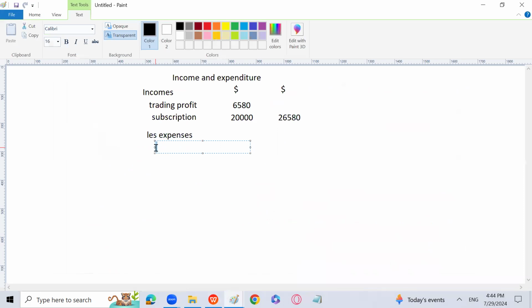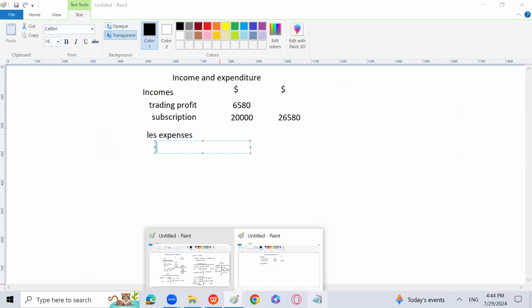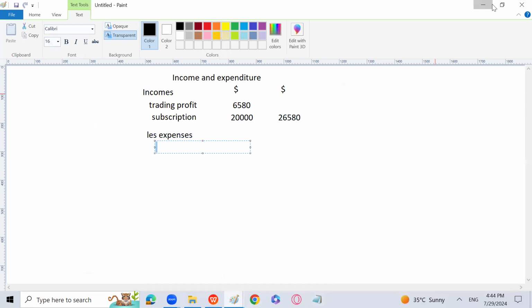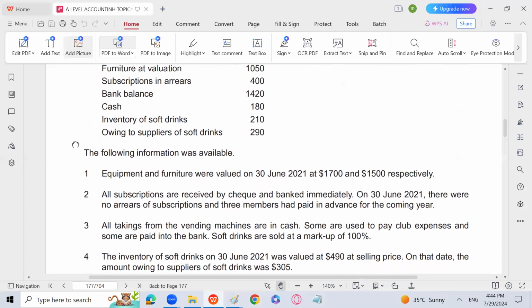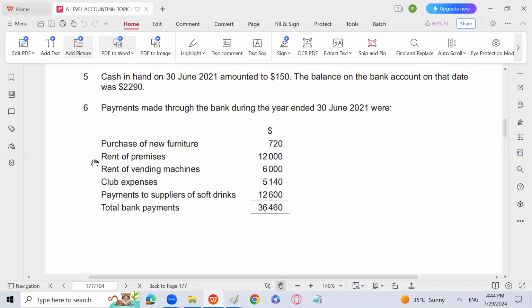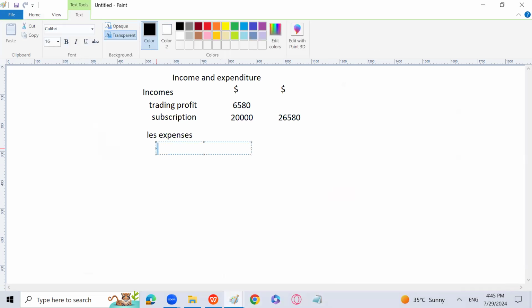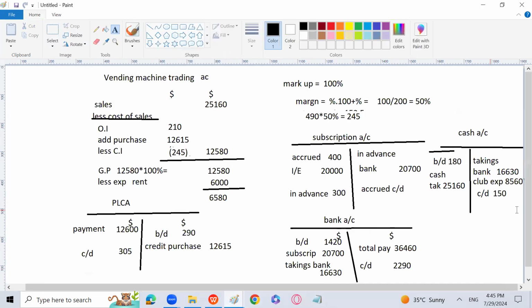Here I'm going to write all the expenses which I need. Rent is already written, we don't need to write the rent. There is going to be rent of premises 12,000. There is no adjustment, accrued or something like that, for rent of premises. So I'll write 12,000 over here. Then I can write the club expenses, which we have calculated actually. That will also come on the expense side, because they are expenses. 8,560 will come in the expenses.